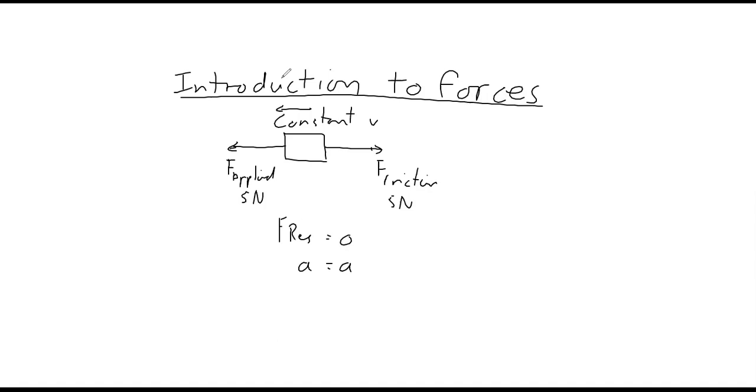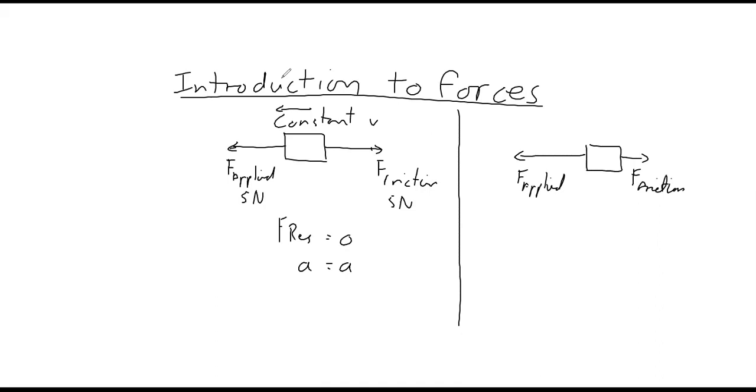But there is an applied force, there's a frictional force. So this brings us to the second scenario, where we have an object and the applied force is much greater than my frictional force, then we know there's going to be acceleration.